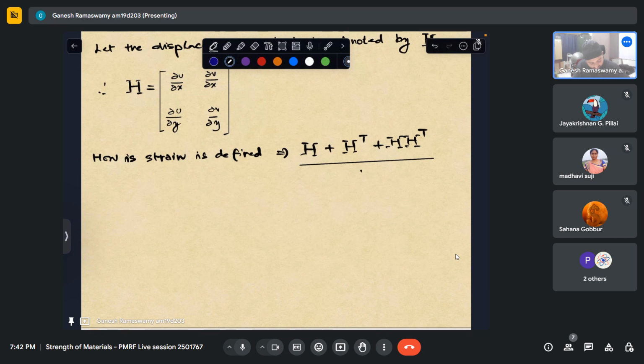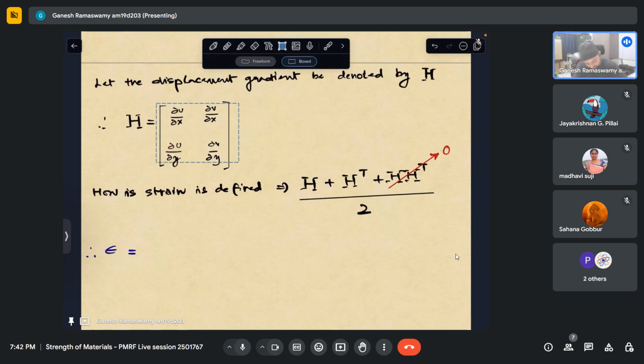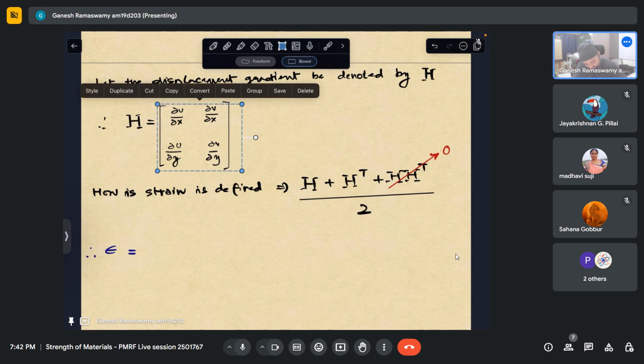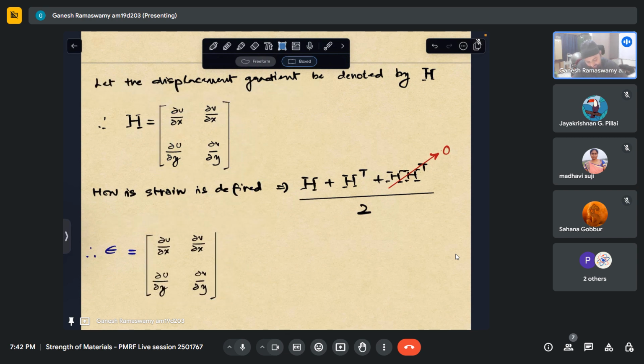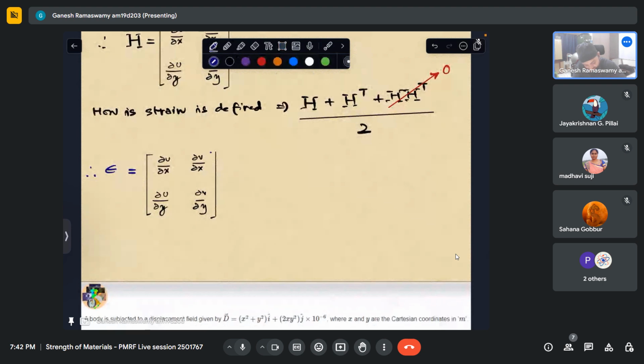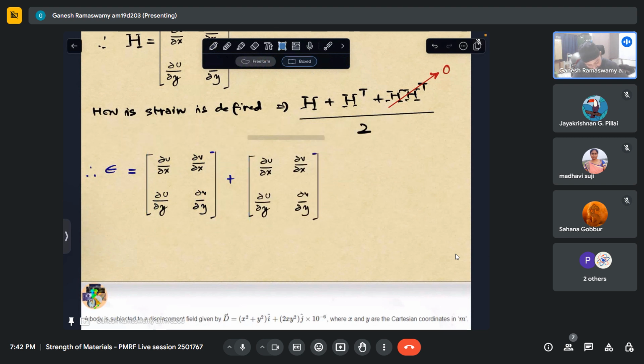But for small quantities, I will ignore this, I'll just take this to be 0. So therefore, my strain tensor is nothing but this displacement gradient plus the transpose of this, by 2. Transpose means I just have to switch the off-diagonal terms.